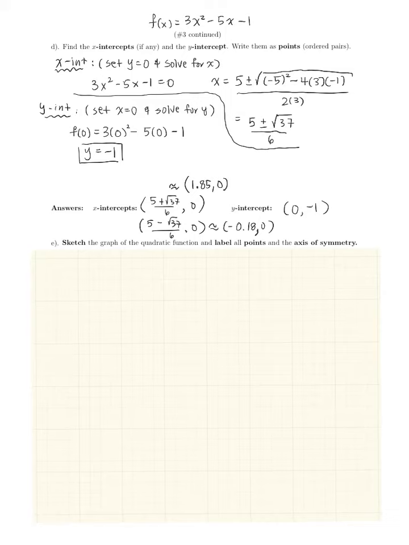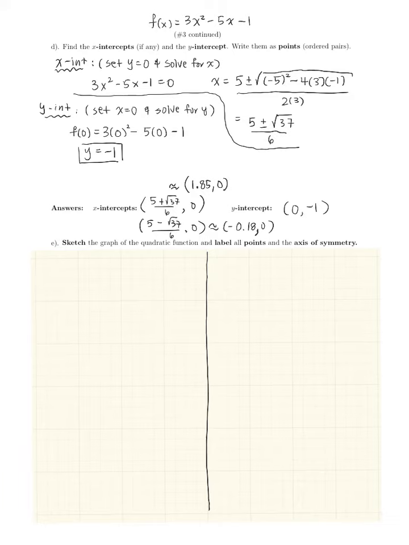Okay, so now we're going to have to gather all the information to sketch this graph. So let's see if we can do this. Let me just draw the x and y axis here. Pretend that's straight. Where is our vertex? Let me just write it down before I forget.